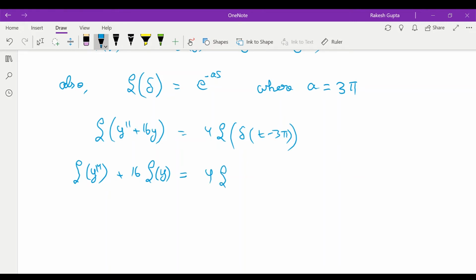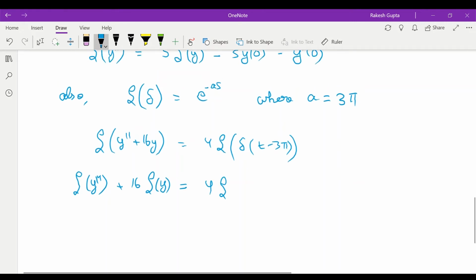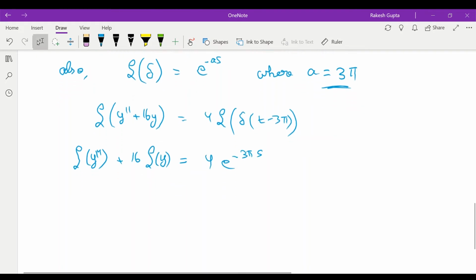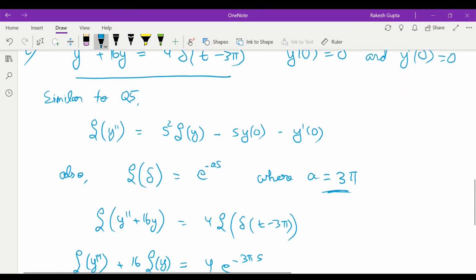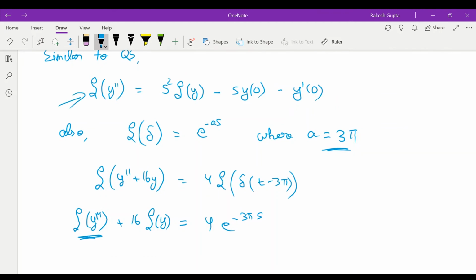As the Laplace of a Dirac delta function is e power minus a s, and here a is 3 pi, I'm just going to write this as e power minus 3 pi s. Now we know the formula for this is given over here. I'm going to write this as s square Laplace of y.